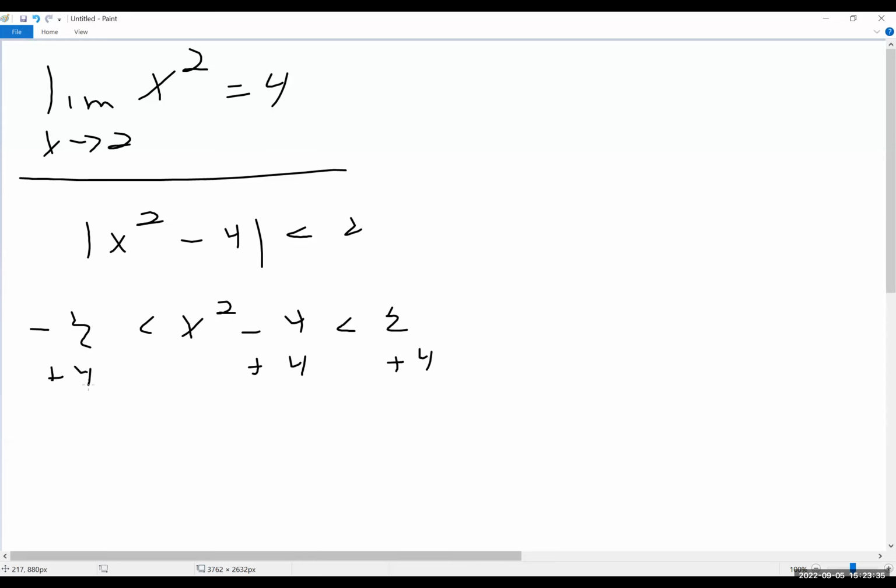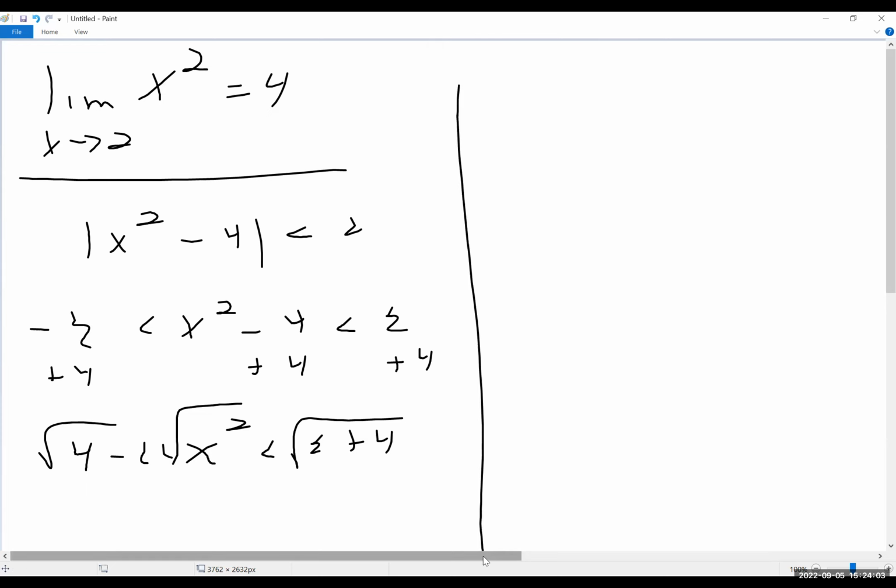Again, this is scratch work to help us figure out what our deltas ought to be. So this is epsilon plus 4, and this is 4 minus epsilon. Okay, now I'm gonna take the square root of all sides. This should be a less than symbol, and I know it gets a little messy because I'm not using the right pen here, unfortunately.